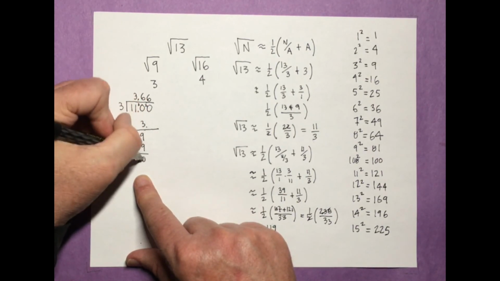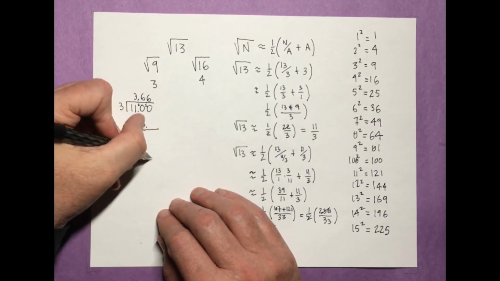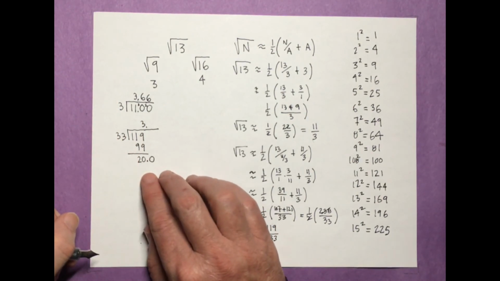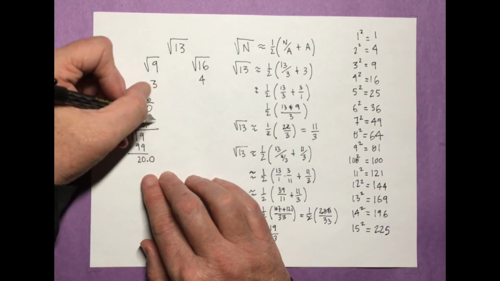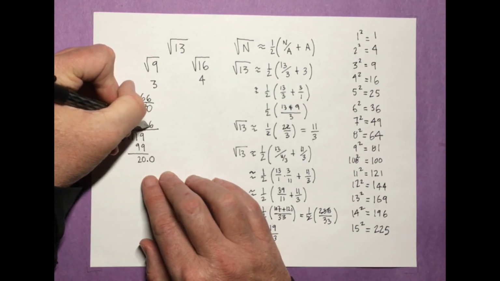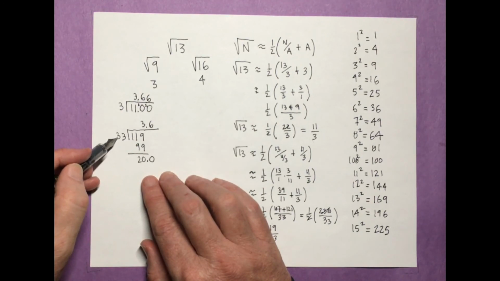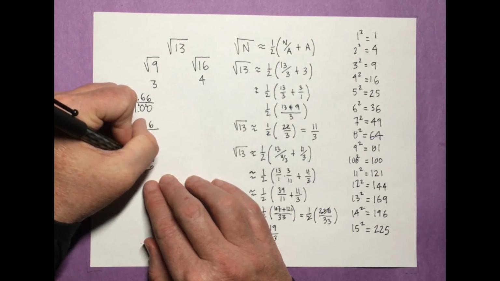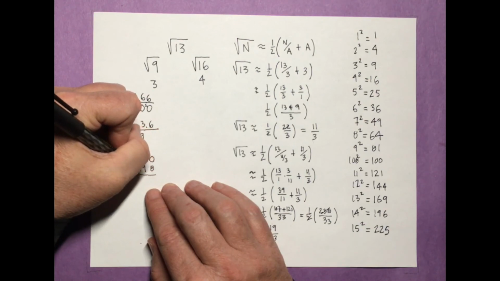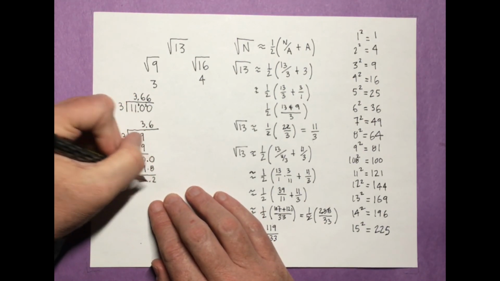Now again, I'm off in decimal territory, because 33 doesn't go into 20, so I'll tack on a 0. Now 33 does go into 200. How many times? It's going to be 6 times. 6 times 33 is 198. Subtract that, and that comes out to be 2.